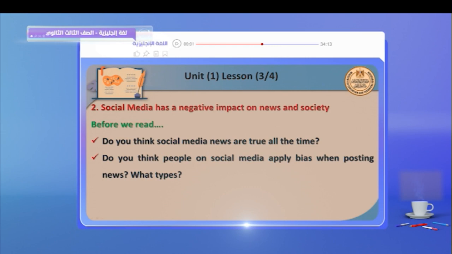Do you think people on social media apply bias when posting news? What types? Referring to the previous lesson, do you think they sometimes apply bias on social media? In my opinion, for sure, yes.